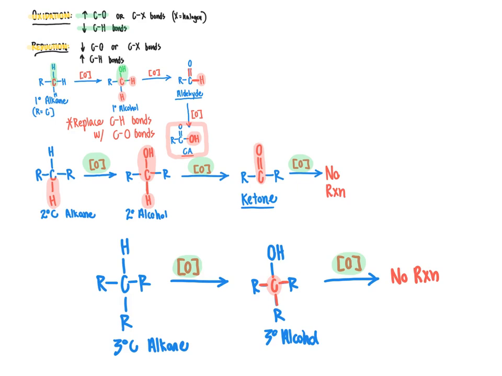The O in brackets indicates that oxidation is happening, but it's not telling us what chemicals we would actually need to use to carry out that oxidation. So in the next unit, we're going to look at the specific details that lead to oxidation of these reactants to give the products that we see, particularly focusing on oxidation of our primary and secondary alcohols to give us aldehydes, ketones, or carboxylic acids as our intended products.